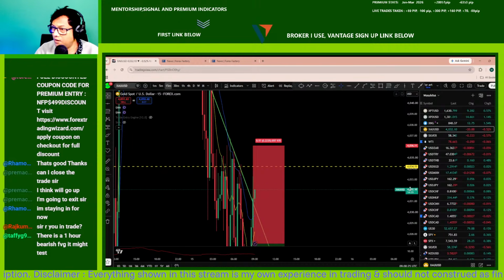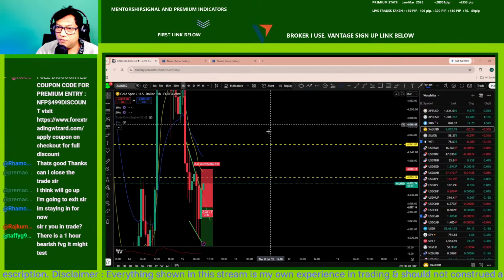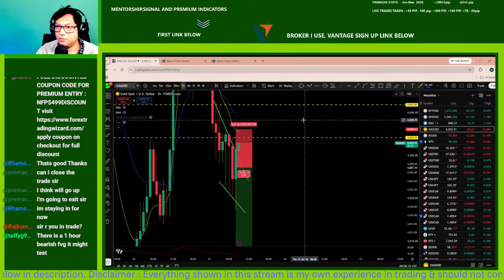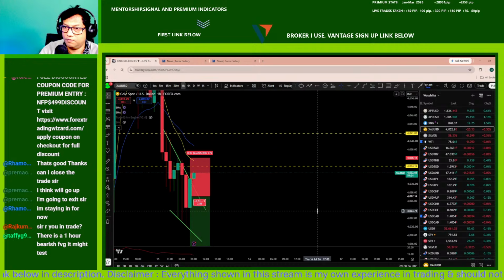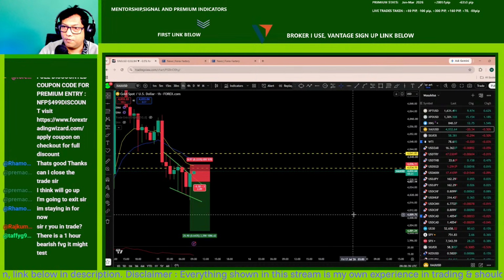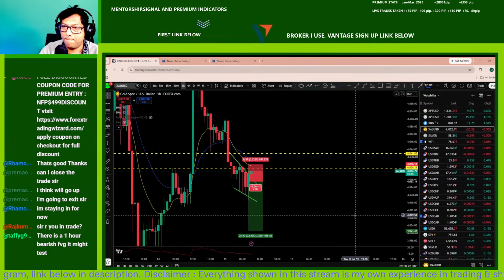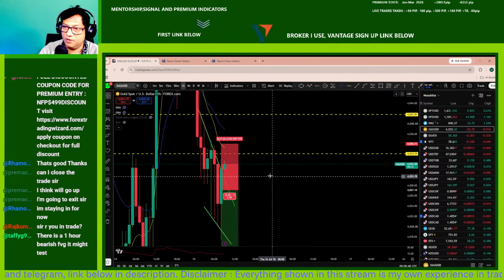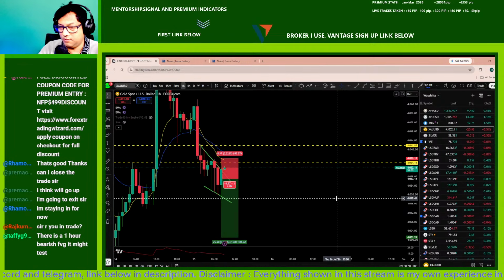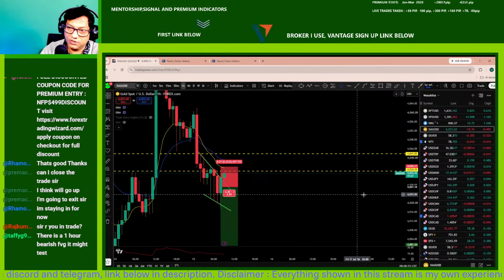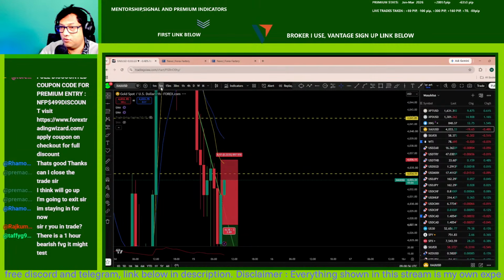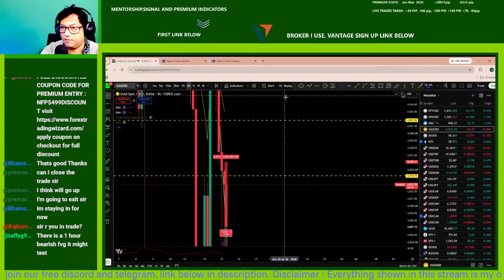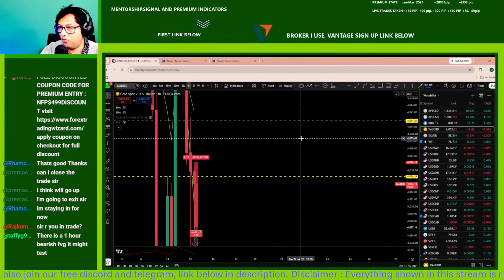Now, the hourly candle closed. I think this 1 hour candle doesn't make any structural sense to me, but we can see that it has created this. It almost reached that 4 hour resistance.